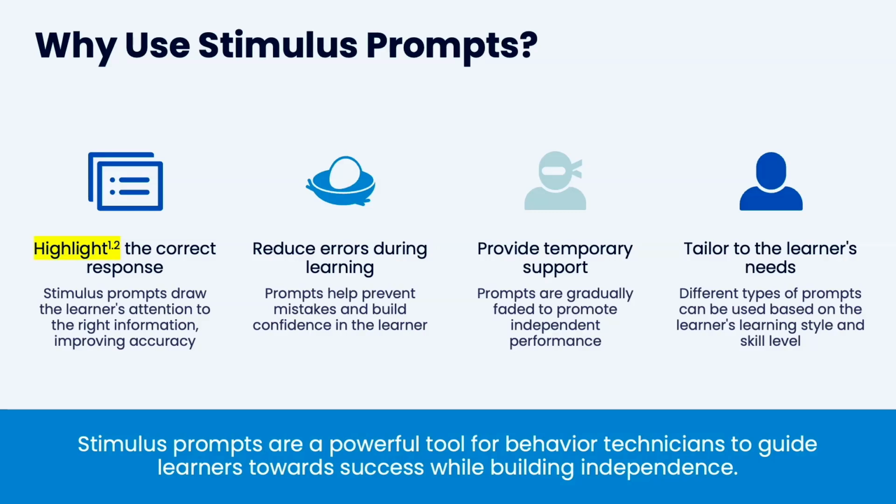It's actually kind of cute. I've had clients who request the prompt during instruction. Even though they know the right answer, they'll want me to move their hand towards the right one because they're so prompt dependent. So that also does happen. We do want to remove them eventually, but you want to watch your learner with all these different prompts and see if there's one they're responding better to than other prompts, and then you would use that one the most.